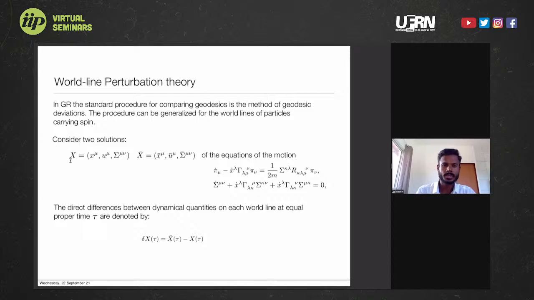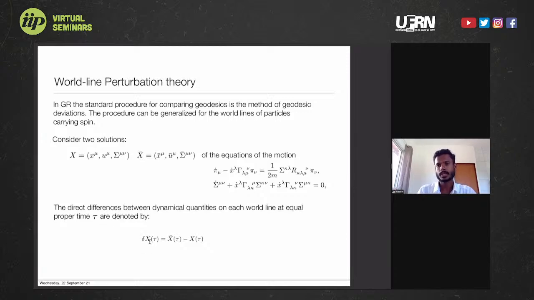Now, let us consider two solutions, X and X bar, which are the two solutions of the circular orbit and this infinitesimally deviated eccentric orbit. And these two solutions must, of course, satisfy the original equations of motion. Then it's very straightforward to compute the differences between these dynamical quantities x, u, and sigma on each worldline at equal proper time tau, as denoted by del x.